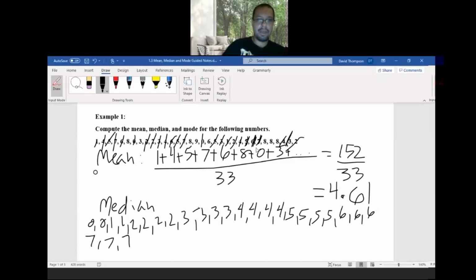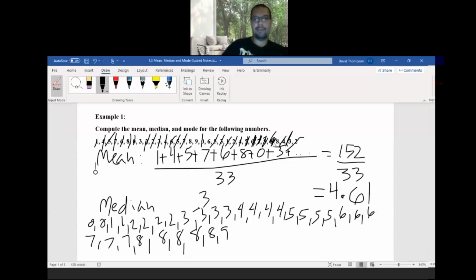Then we have 8, 8, 8, and another 8. And I believe I missed a 3, so we'll add that 3 in. There should be 1 and 9. So we'll add that extra 3 in here.